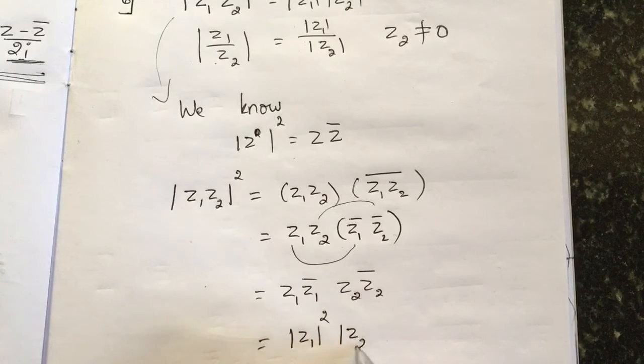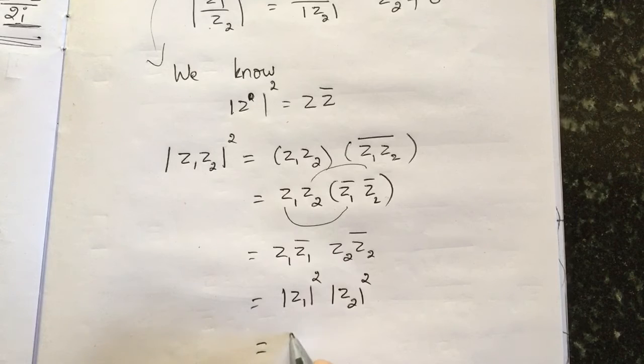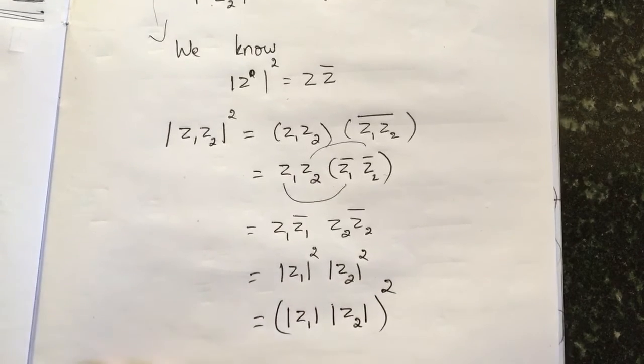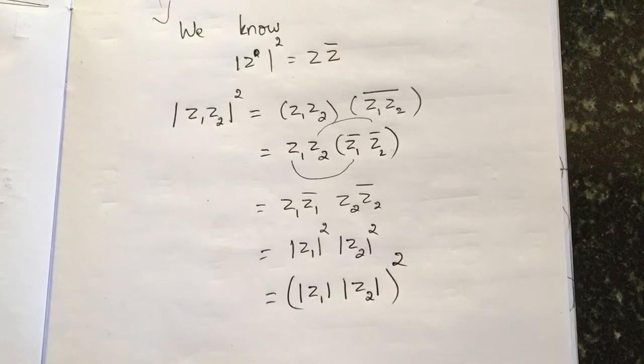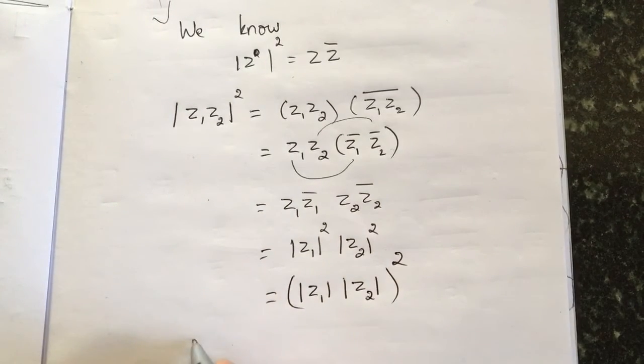Similarly, this is mod z2 square. This is same as writing mod z1 into mod z2, it's a square, right? So you can in fact say simply mod z square is same as writing mod z square, right?